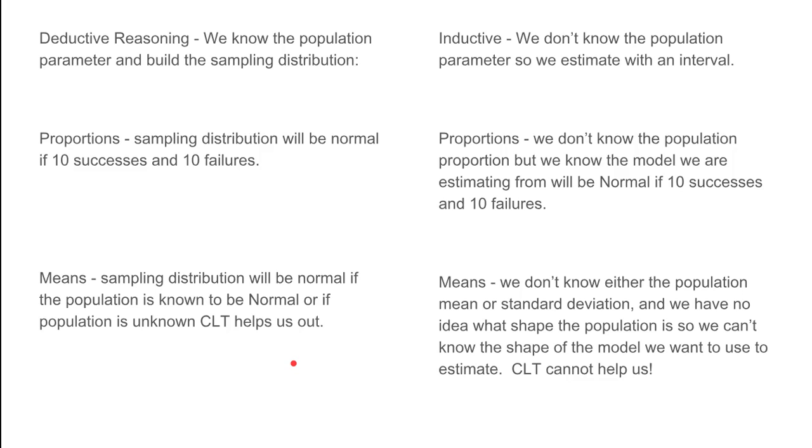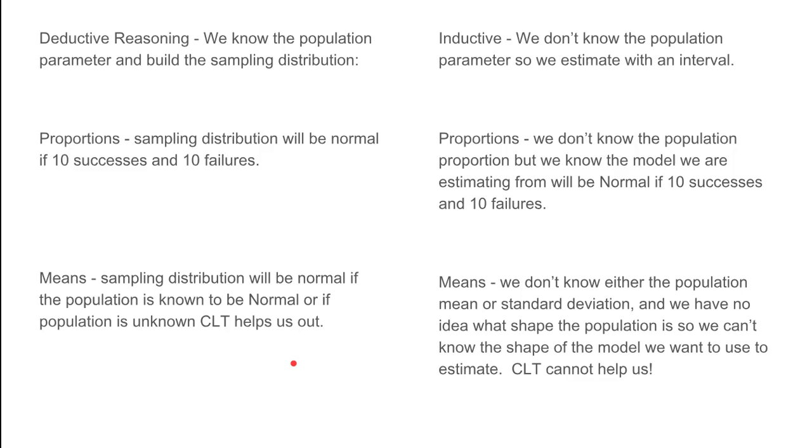Either the population is already normal, or if the population is unknown, then we do need the central limit theorem. And remember, the central limit theorem said, hey, if the population is unknown, as long as your sample size is big enough, 30 or larger, then your sampling distribution will be approximately normal. But that was because we knew the truth. We knew the true mean in the middle, and we knew the true standard deviation sigma.